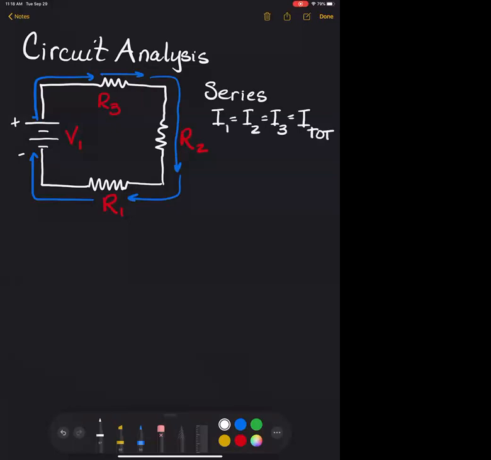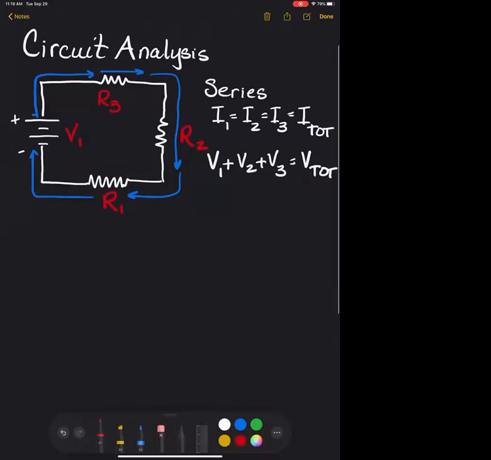There's nowhere else for it to go. But the voltages add up. So V1 plus V2 plus V3 is equal to V total. And I should call this V total instead of V1, because that's the voltage of the battery.